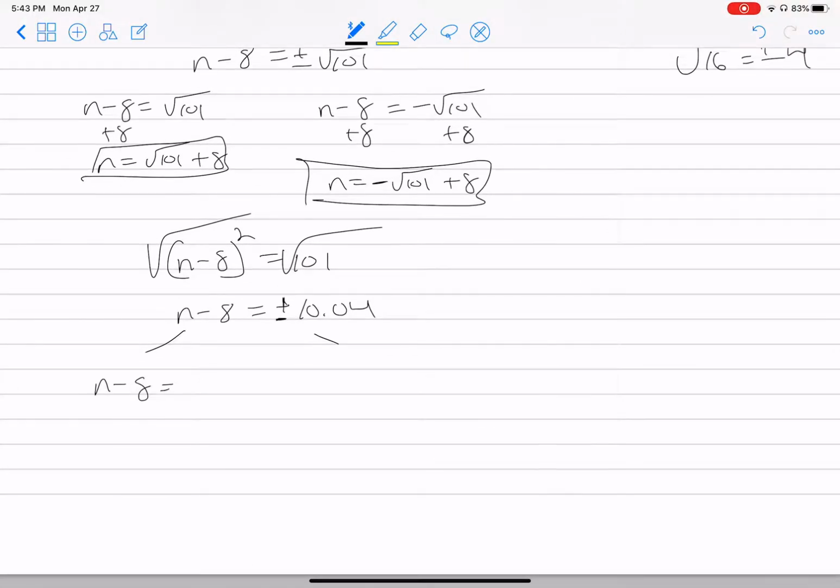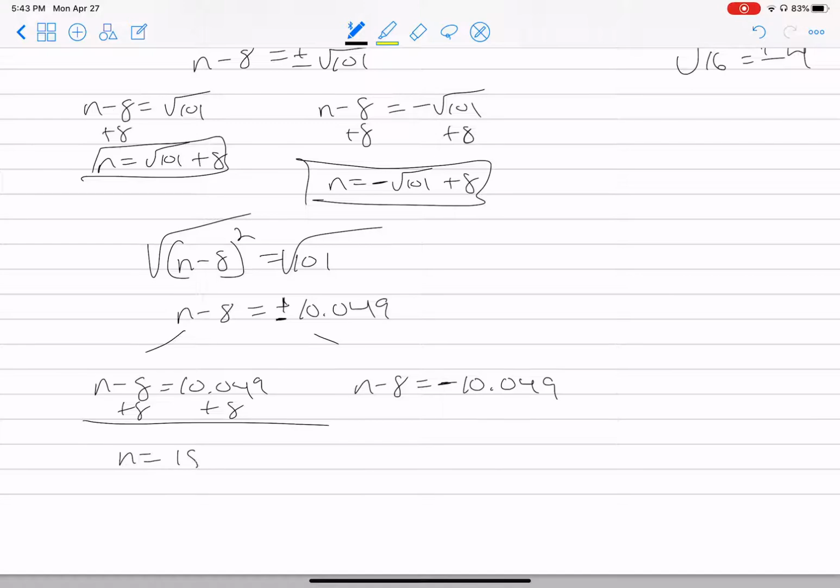N minus 8 equals 10.04. Actually, it's really 10.049. And I'd have n minus 8 equals negative 10.049. And then I could solve from there.